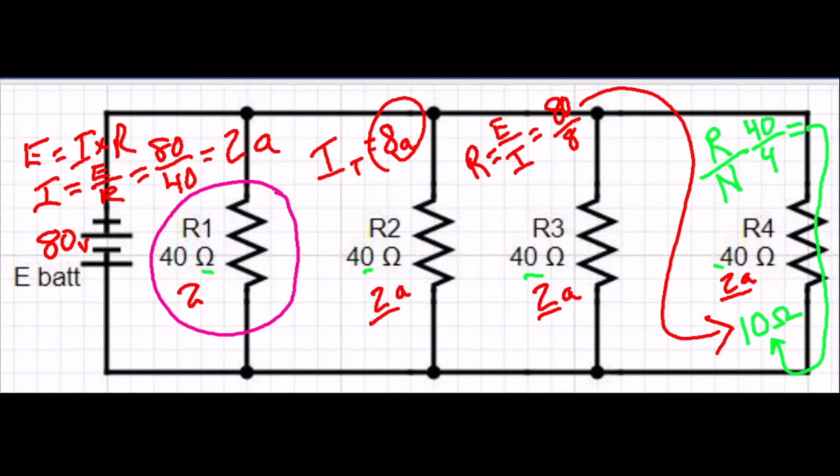Okay? Now, this only works when all of your resistors are the same size. They all have to be the same size. Same size resistors is when that formula, the size of the resistor divided by the number of resistors, will give you the equivalent resistance of the circuit.